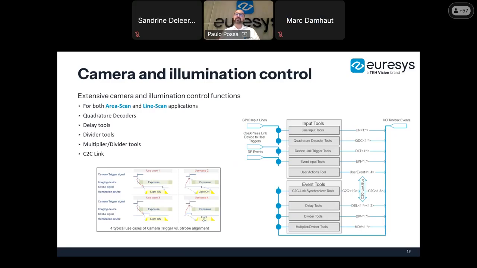Along with the I/Os, we provide extensive camera illumination control functions for both area scan and line scan. In this toolbox, we have embedded quadrature decoders, delay tools, divider tools, and rate converters.